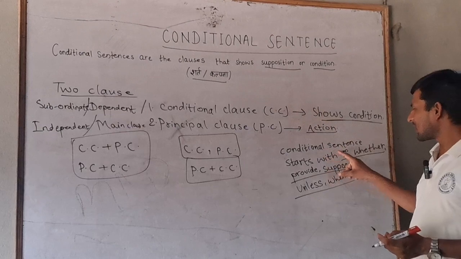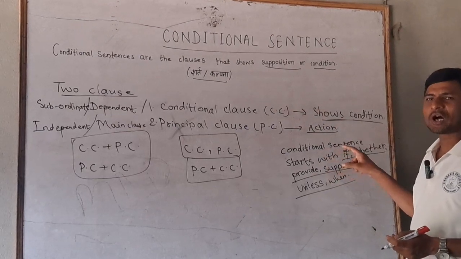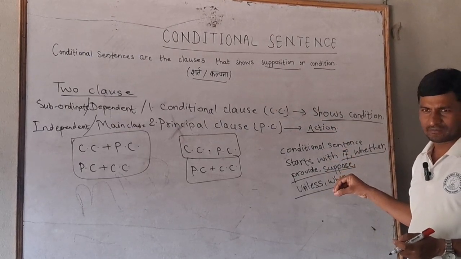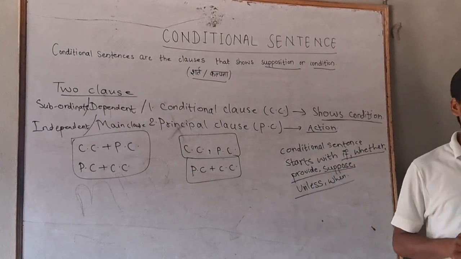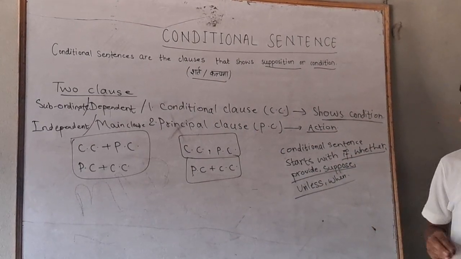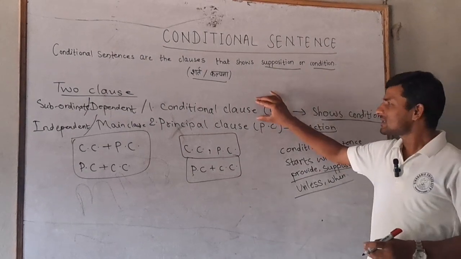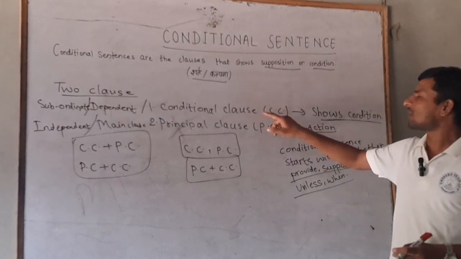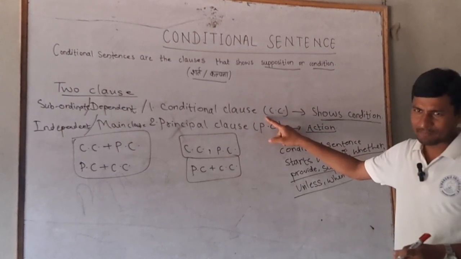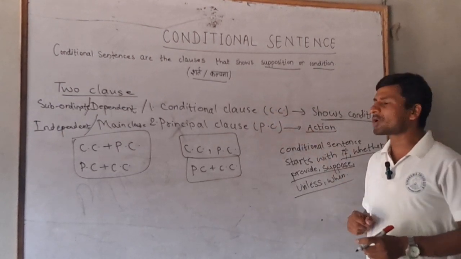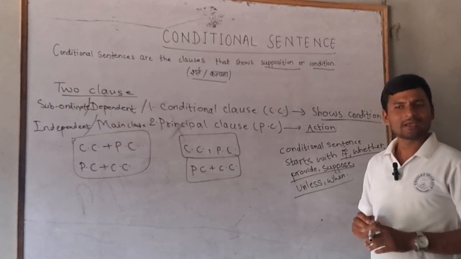Subordinate clause starts with a subordinate conjunction: if, whether, unless, provided that, suppose that, when, etc. And it cannot complete its meaning itself, but the main clause can complete its meaning itself.